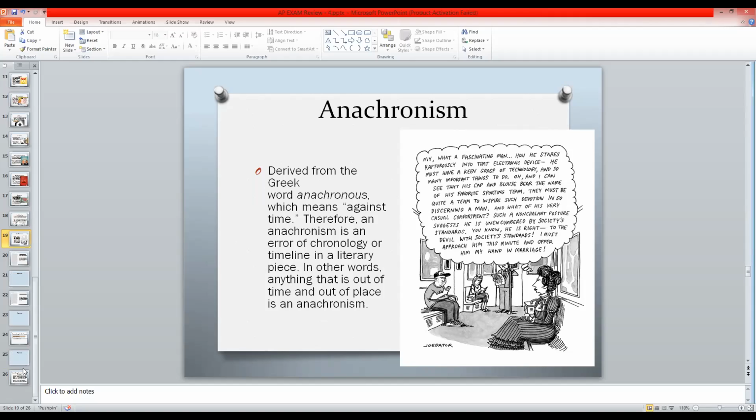Number one is, she's a romantic author and she tries to put too much into what's not there. You know what I mean? She romanticizes the non-existent. But on the other hand, if you look at him and all the things that she's describing, it really makes this ironic expectation versus reality, right? She says such a nonchalant posture suggests he is unencumbered by society's standards, showing that he's defiant, that he's against the times.